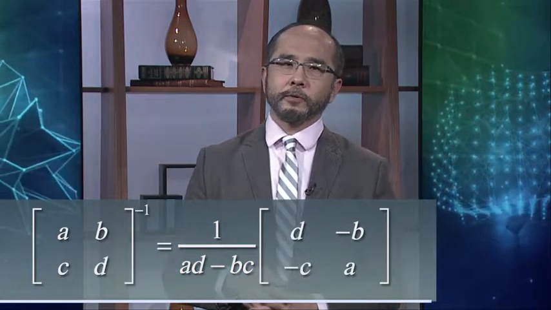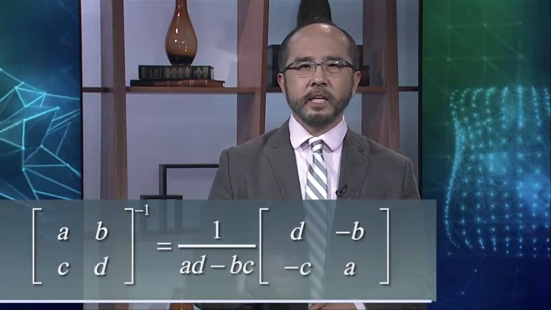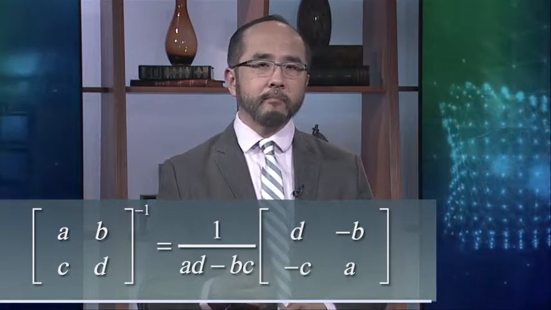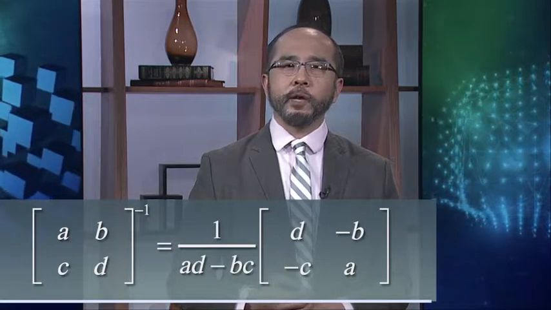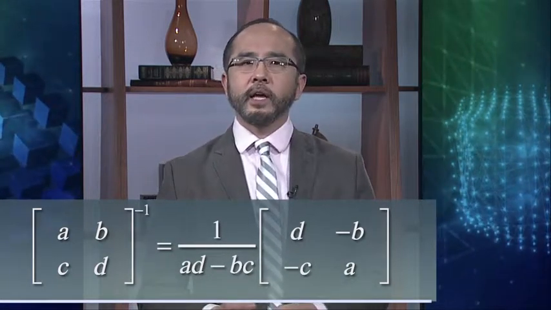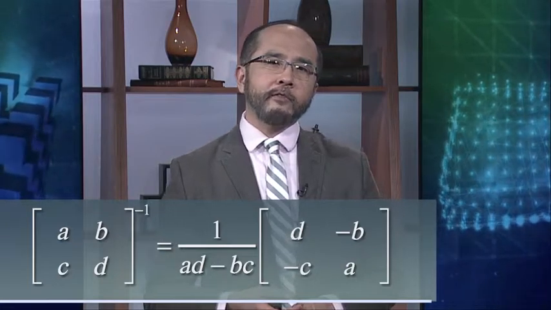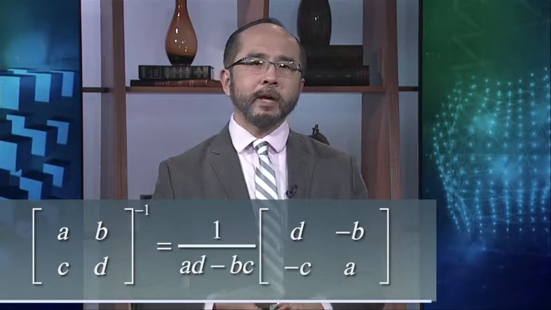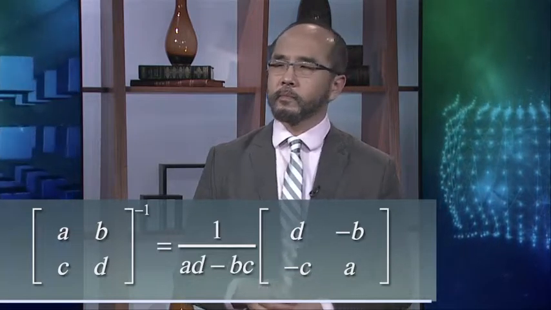Let's check that this is true. If we multiply the matrix A, B, C, D by the matrix D, minus B, minus C, A, you will get a 2 by 2 matrix with the quantity AD minus BC along the diagonals and 0 in the other two places. So multiplying the factor 1 over AD minus BC makes this the identity matrix.